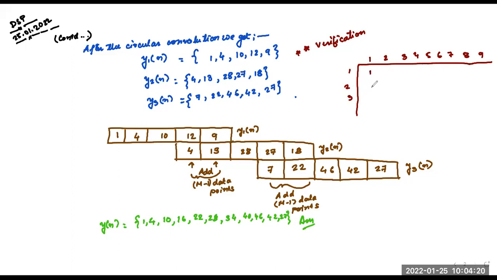So again, 1, 2, 3; 2, 4, 6; 3, 6, 9; 4, 8, 12; 5, 10, 15; 6, 12, 18; 7, 14, 21; 8, 16, 24; and the last is 9, 18, 27. So again, we will divide it diagonally.